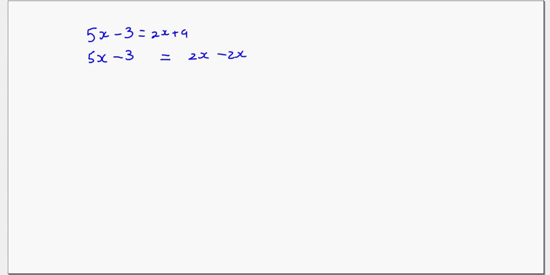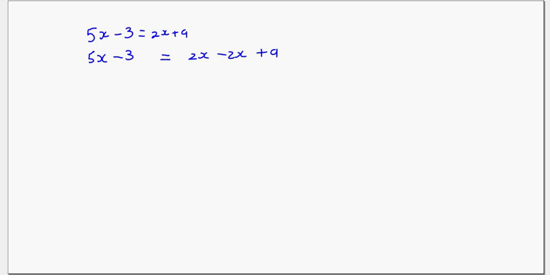Why am I putting minus 2x right next to it? Because remember, the idea is to get rid of all the x terms on the right-hand side and only end up with x terms on the left-hand side. So to get rid of this 2x, we have to minus 2x, the opposite of what it is. But this plus 9 is unchanged. We didn't do anything to that, so I'll just write it back like that.